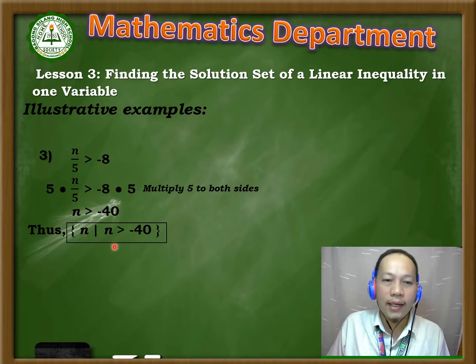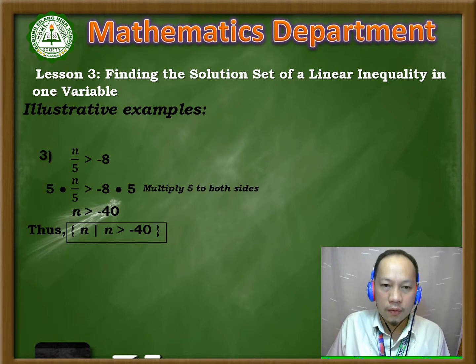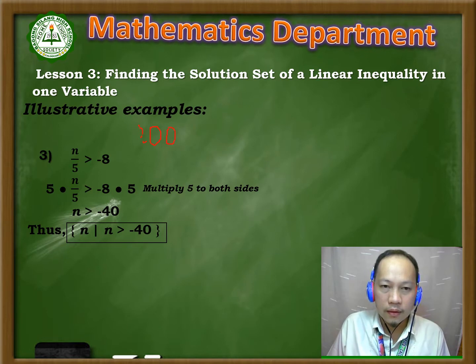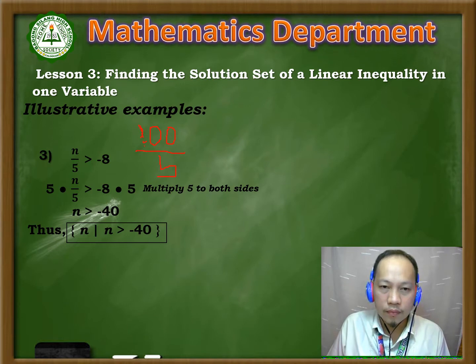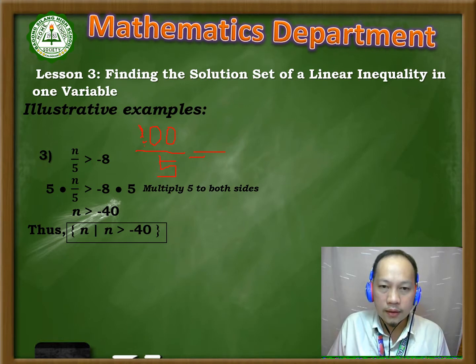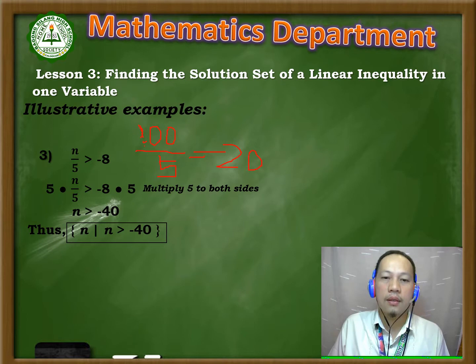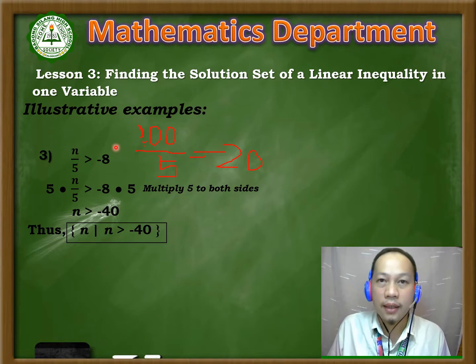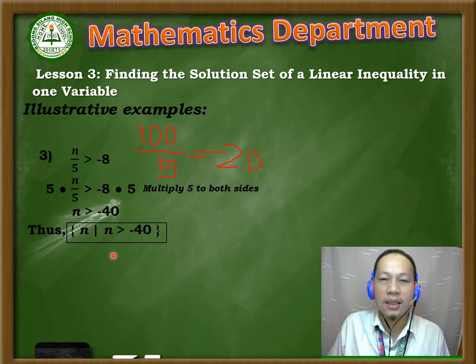But let's try 100. 100 is a solution of this inequality. So if n is 100, divided by 5 equals 20. So is 20 greater than negative 8? Yes. Okay, so 100 is really a solution for this inequality.